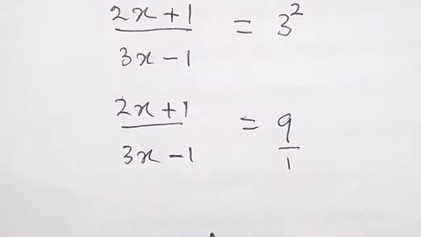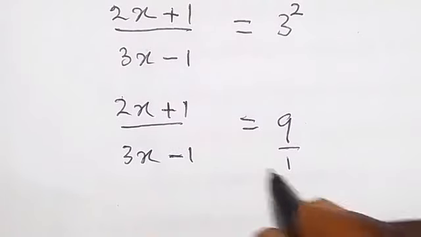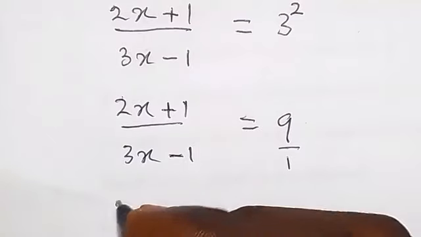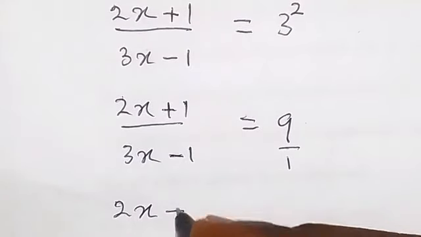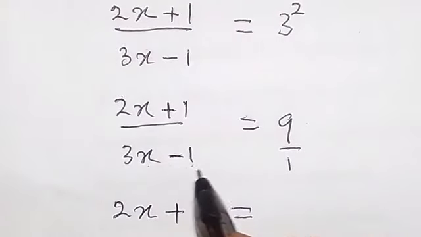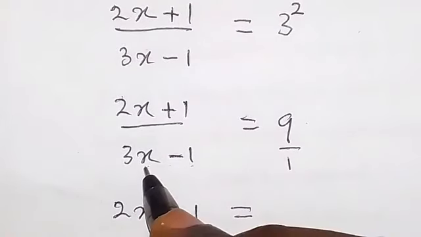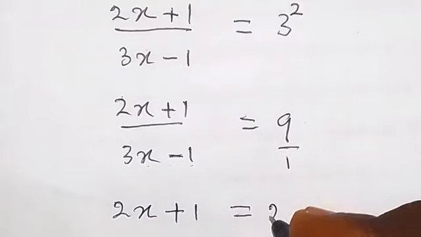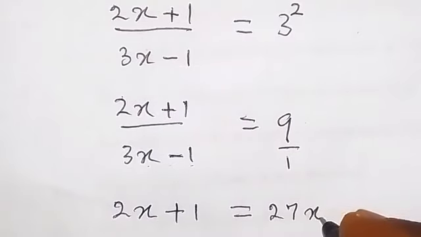By the time we cross multiply, 1 multiplied by this is still 2x plus 1. Then 9 multiplies these two terms: 9 times 3x gives us 27x, then minus 9 times 1, that's 9.